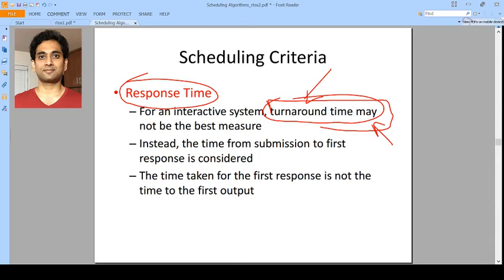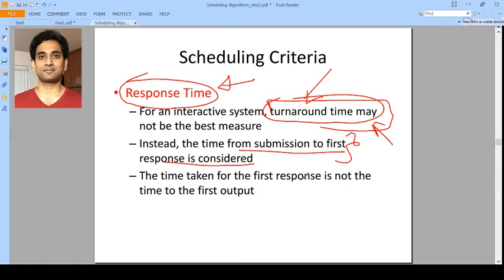So instead of turnaround time, we define a response time, which is the time from submission to the first response. The time difference between submission and the first response is the response time.